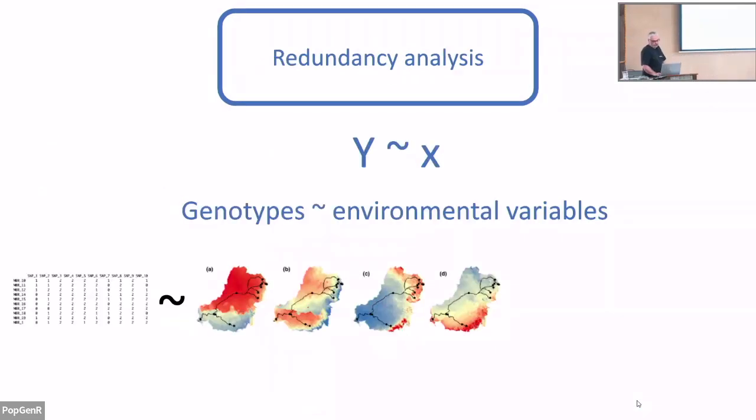This was just showing what the model actually is. You're looking to see how the variance in one set of data might explain variance in another set. So in this case, how the environment might explain variation in our genotypes.